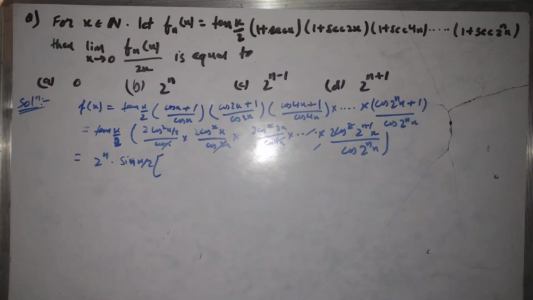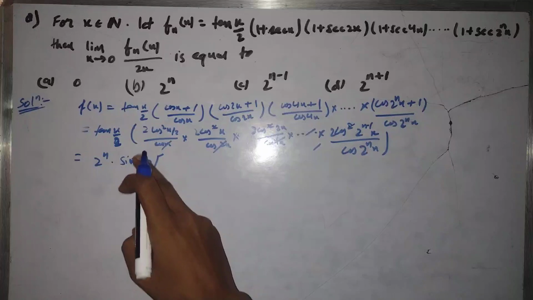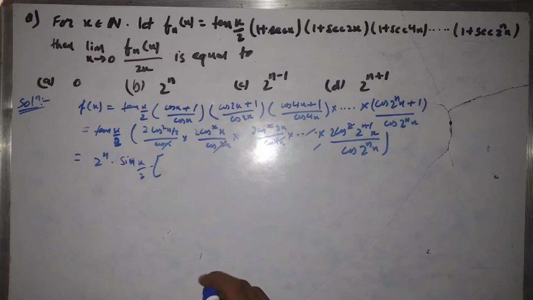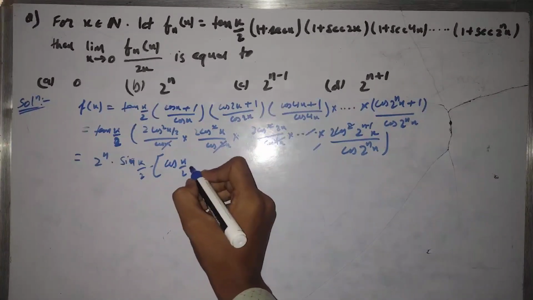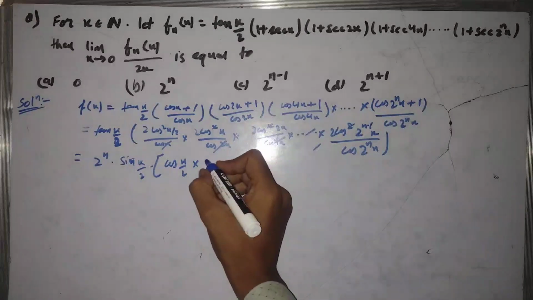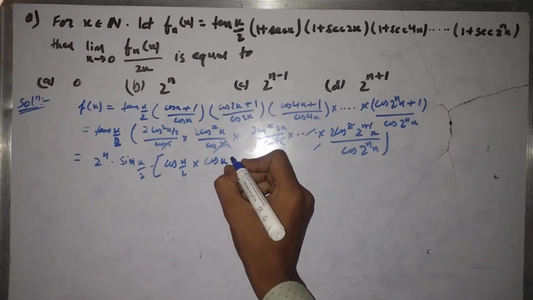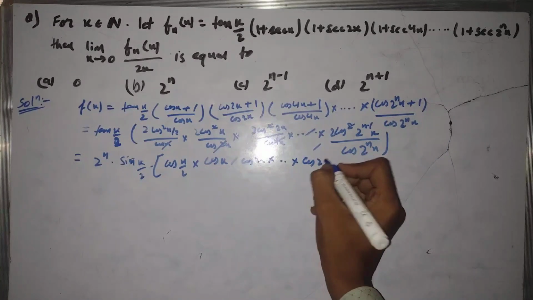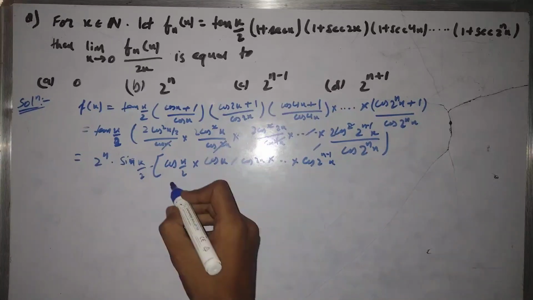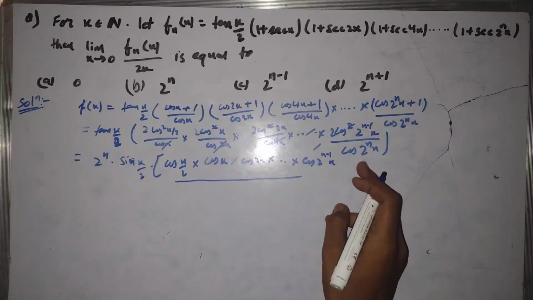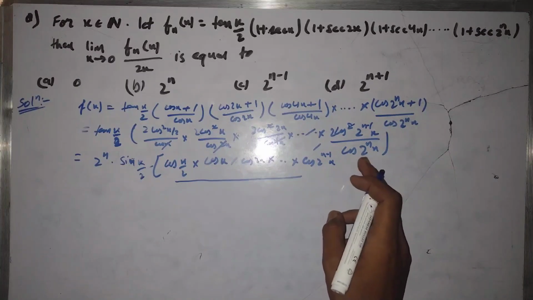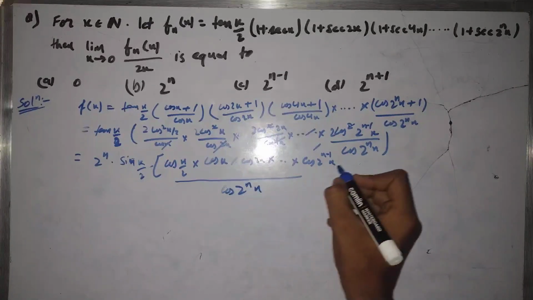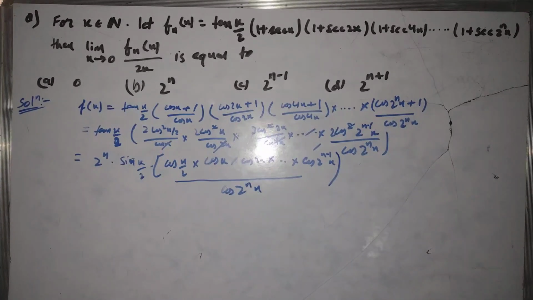And in the numerator, what we are left with is cos x by 2 into cos x into cos 2x, all the way up to cos 2 to the power n minus 1 into x. In the denominator we have just this particular term, because this is the only term that didn't get cancelled. So this is cos 2 to the power n into x. This is what we are left with.